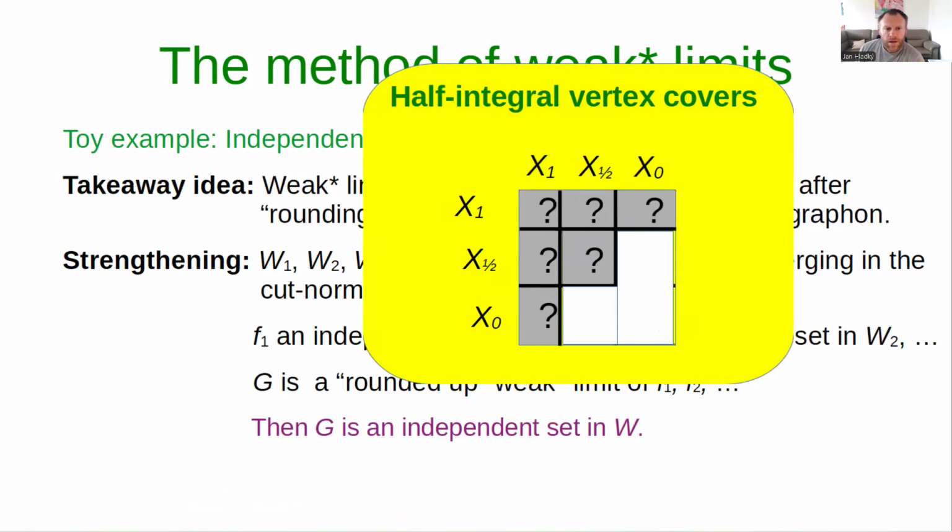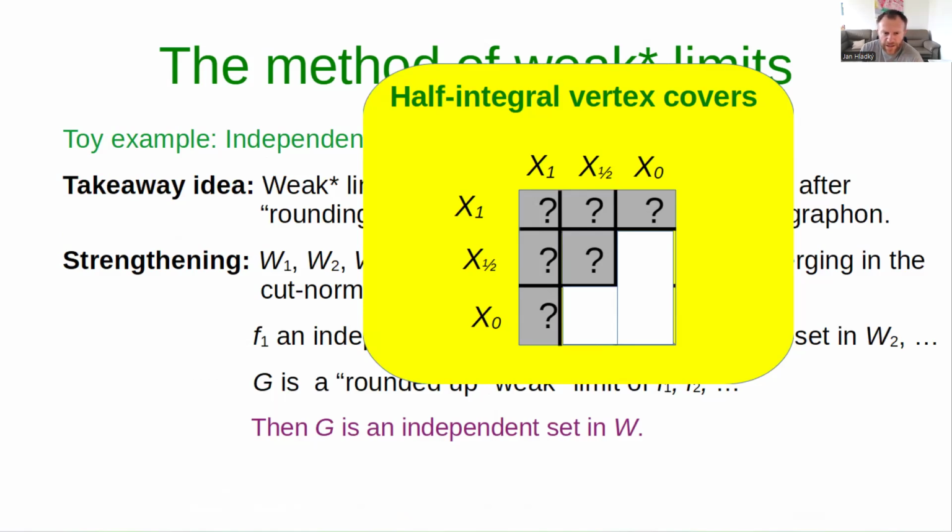Okay, so that's what we are doing now. We can apply this exact same method to half integral vertex covers. Note that half integral vertex covers are in spirit quite similar to independent sets, just slightly more complicated. The core similarity is that both structures fundamentally force the graphon W to be zero on certain specific regions.